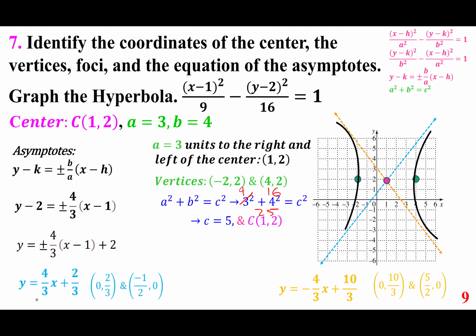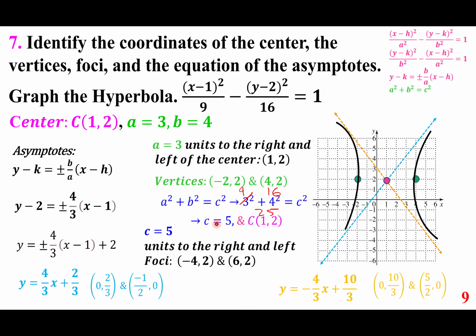Again, reminding you the center has coordinates (1, 2). We already know that. So we are going to go c units to the right and to the left. If I want to go to the right, 1 plus 5 becomes 6, comma 2. If I want to go to the left, 1 minus 5 becomes negative 4, comma 2.